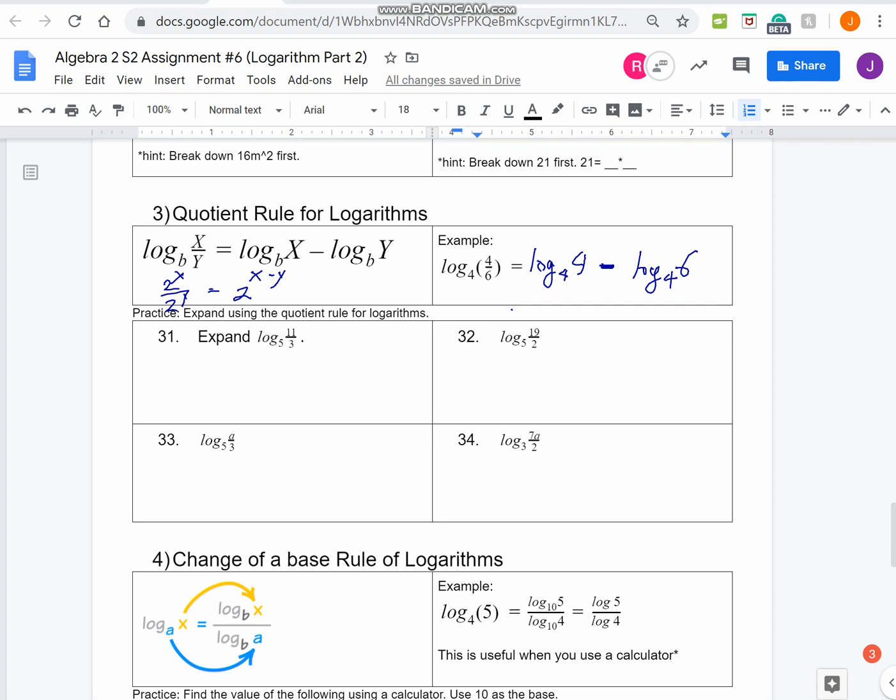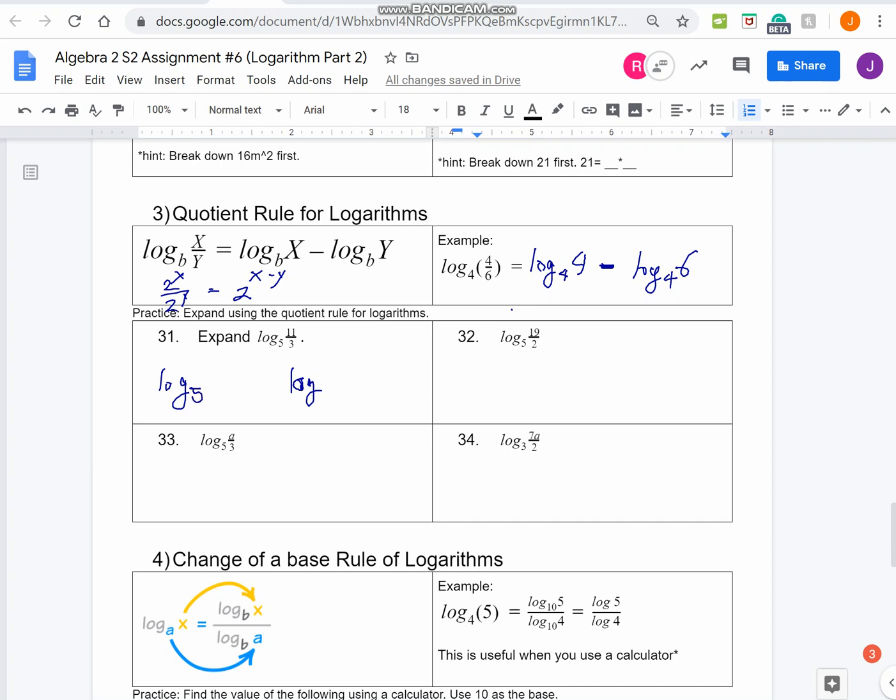Okay, so let's do number 31. Expand log base 5 of 11 over 3. So if you expand this, again, using the quotient rule, we're going to separate them into two different log expressions. But do I change the base?